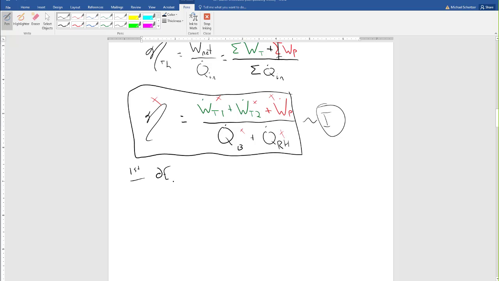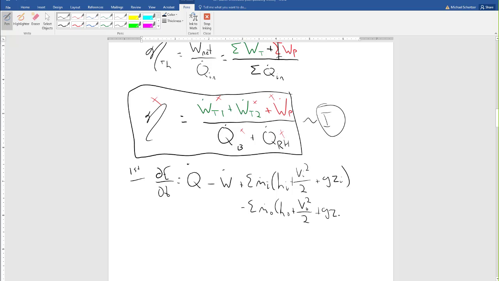So it's dE/dt is equal to Q dot minus W dot plus the sum of m dot in (h in plus V in squared over 2, and not 2gc because this is a metric problem, plus g z in) minus the sum of m dot out (h out plus V out squared over 2 plus g z out).